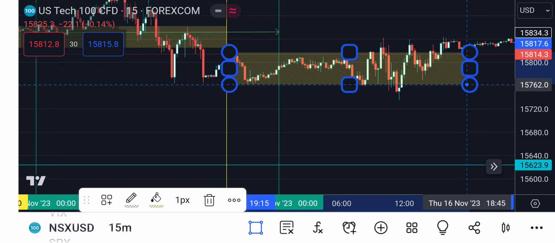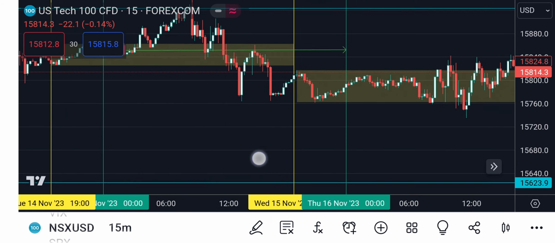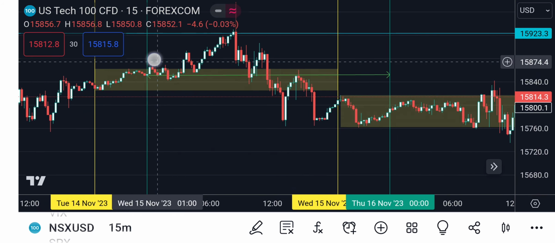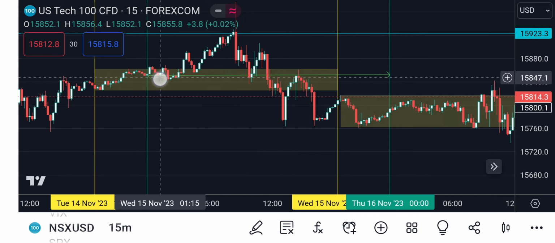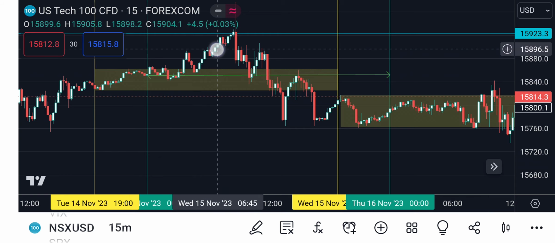The only time you buy inside the range is when you already know the direction, after we've broken out to one side. For example, if we are going up, after we've broken out to the upside, you know that it's signaling up movement.